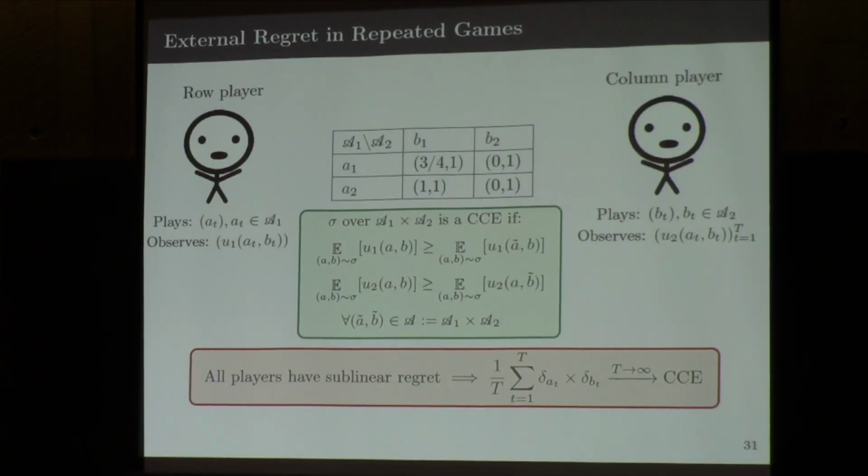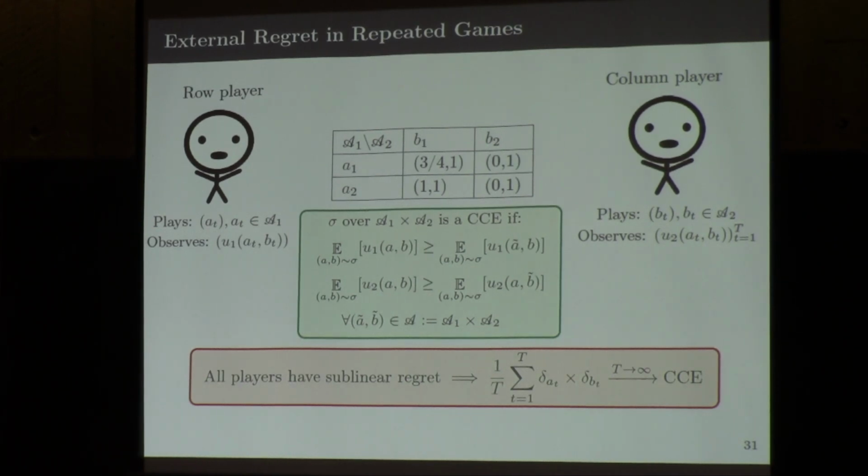Okay, and so again, to remind you what an equilibrium is in standard games where each player is minimizing their regret, it's basically a special solution to the game such that there is no incentive for either player to deviate from the strategy given by their respective algorithms.